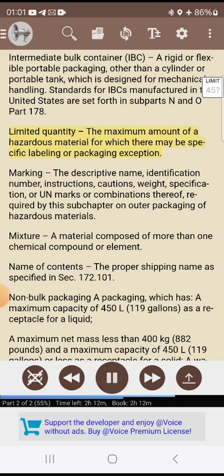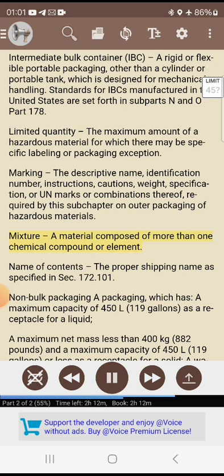Limited quantity, the maximum amount of a hazardous material for which there may be specific labeling or packaging exception. Marking, the descriptive name, identification number, instructions, cautions, weight, specification, or UN marks or combinations thereof, required by this subchapter on outer packaging of hazardous materials.